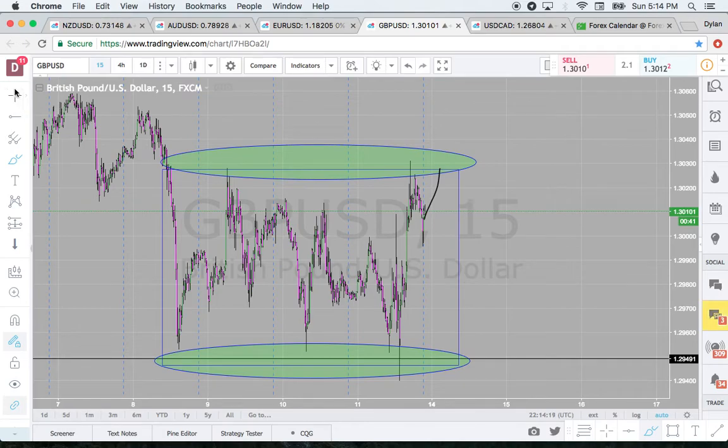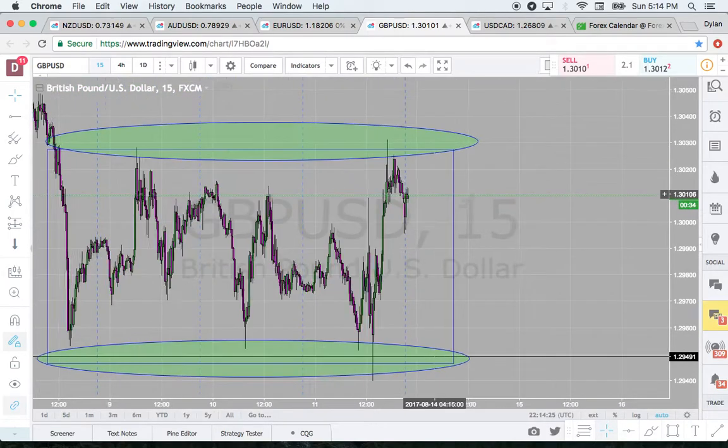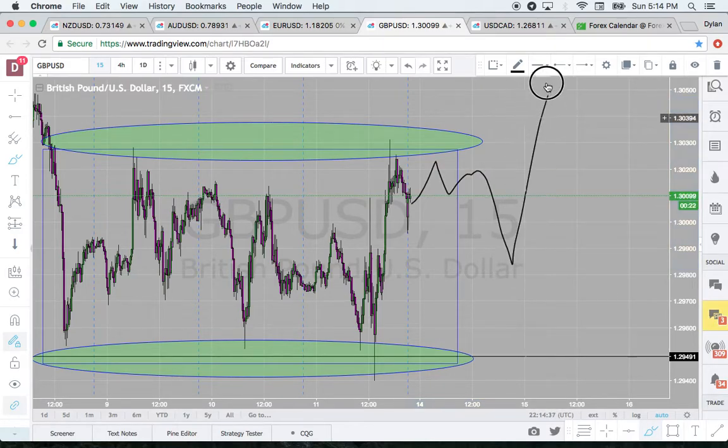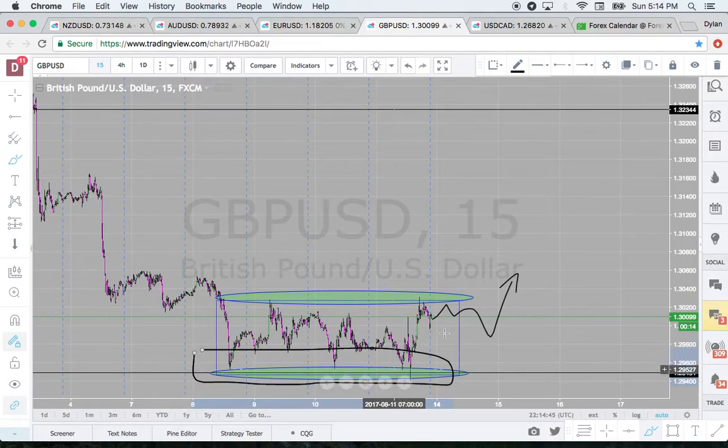The GBP USD is quite different. It's a little bit more volatile. We could just see some type of consolidation in here, and then a swing down, and then a continuation of that uptrend, because we definitely see a large amount of liquidity trapped in this area.